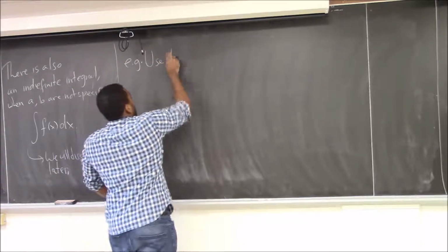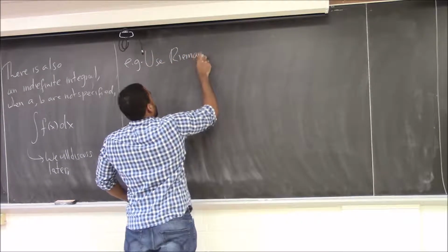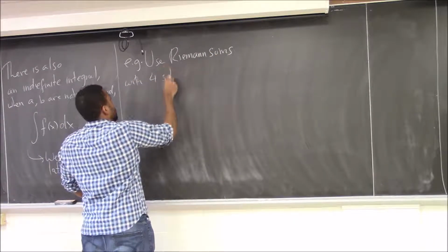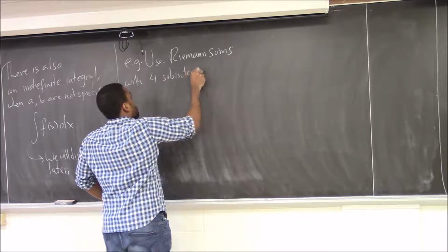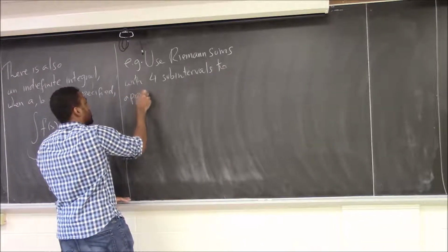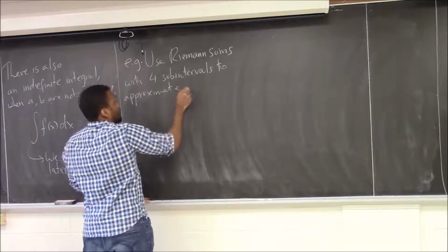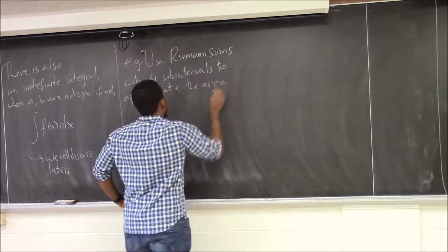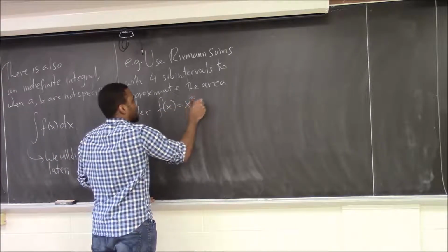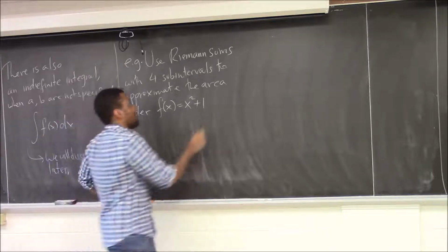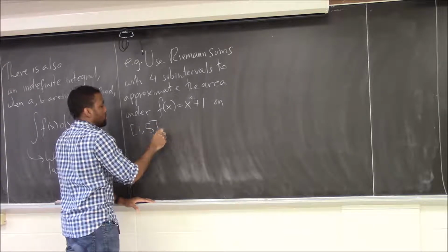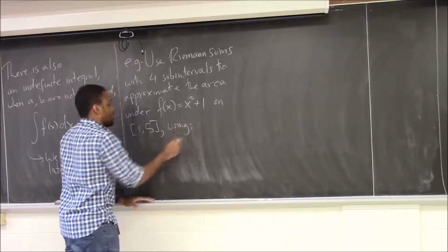Use Riemann sums with 4 subintervals to approximate the area under the function x squared plus 1 on the interval 1 to 5. Let's do one of each.